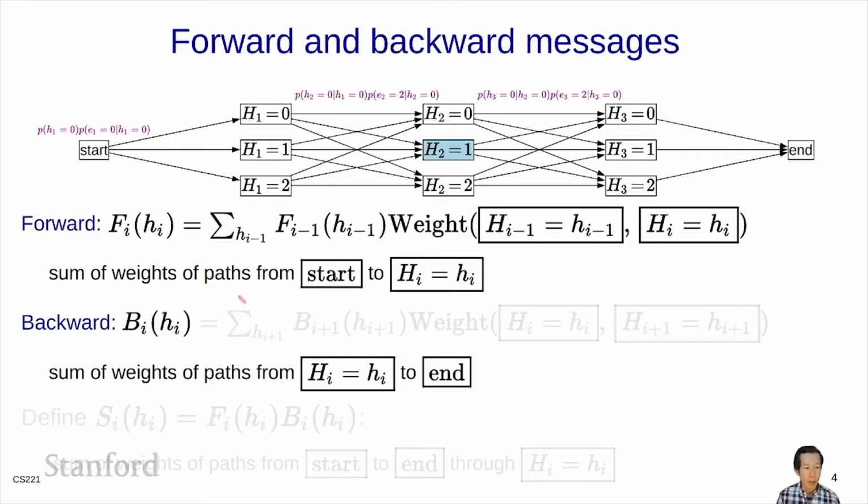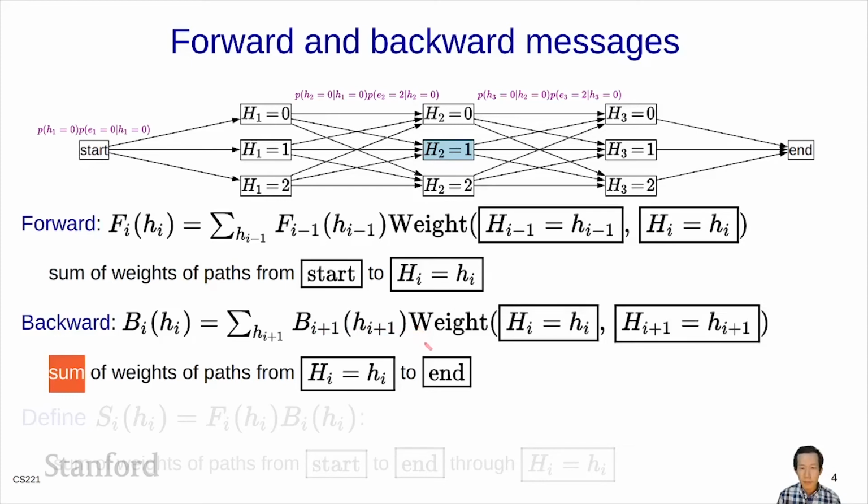And this, again, is recursively defined as looking at all next nodes, so h_{i+1}, and recurse on b_{i+1} of h_{i+1} times the weight of the edge between h_i and h_{i+1}.